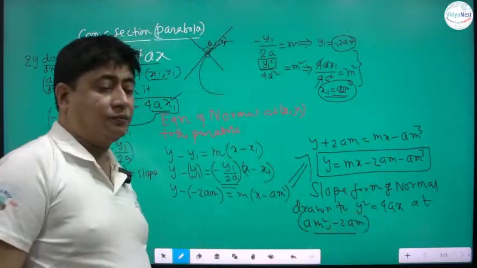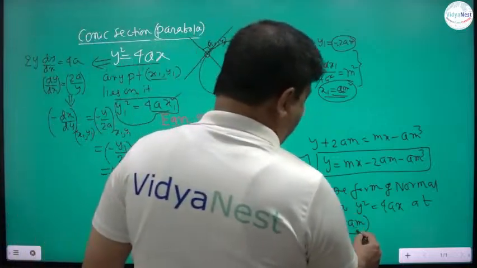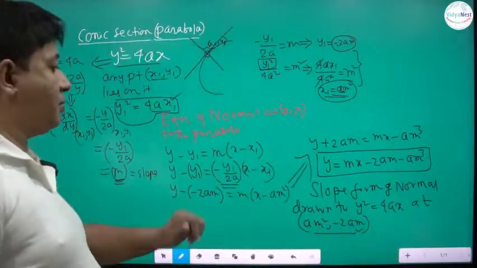So this is the equation of the normal. At which point? m square, minus 2m.